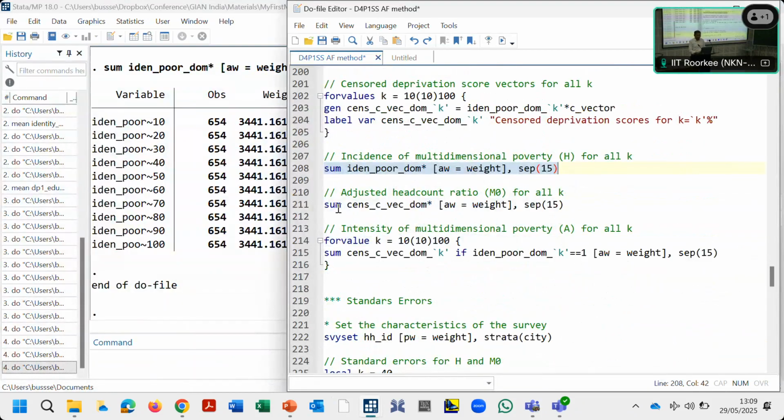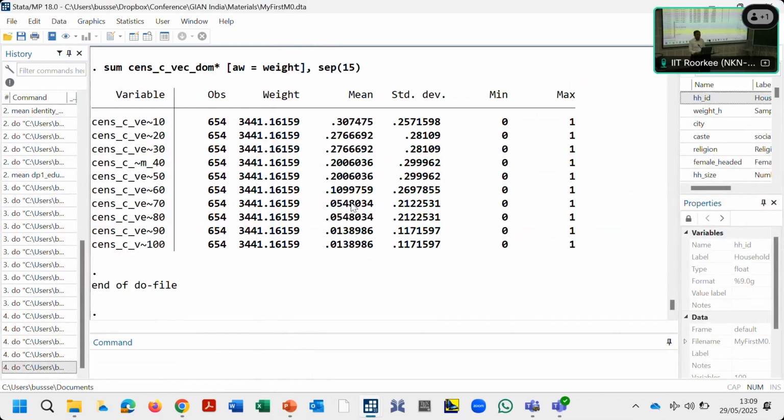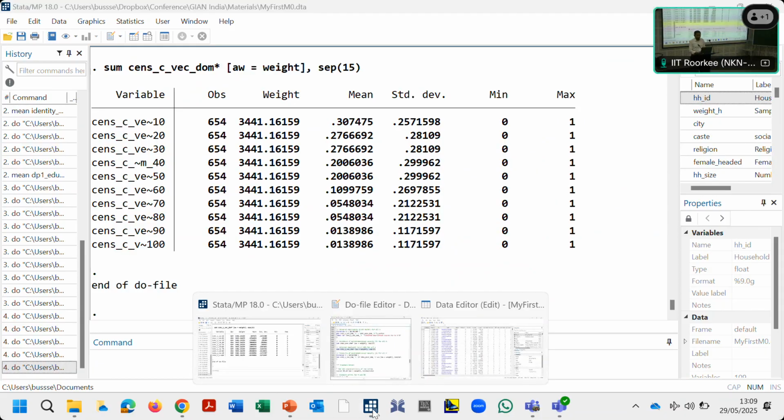Similarly, if you again type the sum of, there you go. These are your M0 values. These are your adjusted headcount ratios for different cutoffs. Sounds good? Okay.